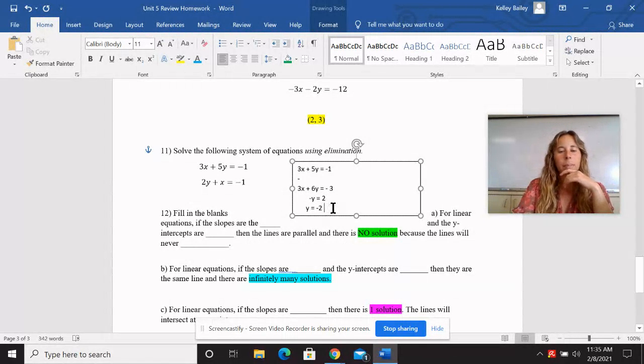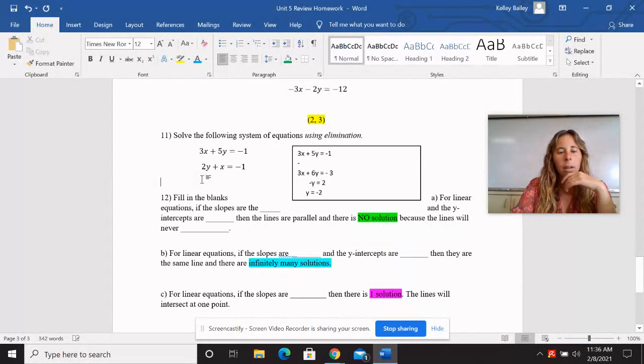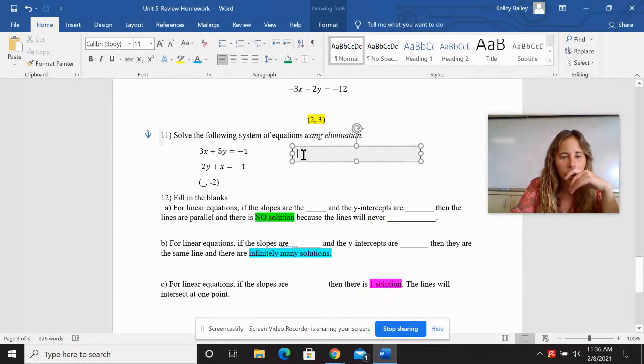All right. Once again, you're halfway done. Let me move this up a little bit. This is kind of annoying. Okay. Halfway done. So we still don't know x, but we know y is -2. So to find x, substitute -2 back in for y in either equation. I'm going to do the second one.